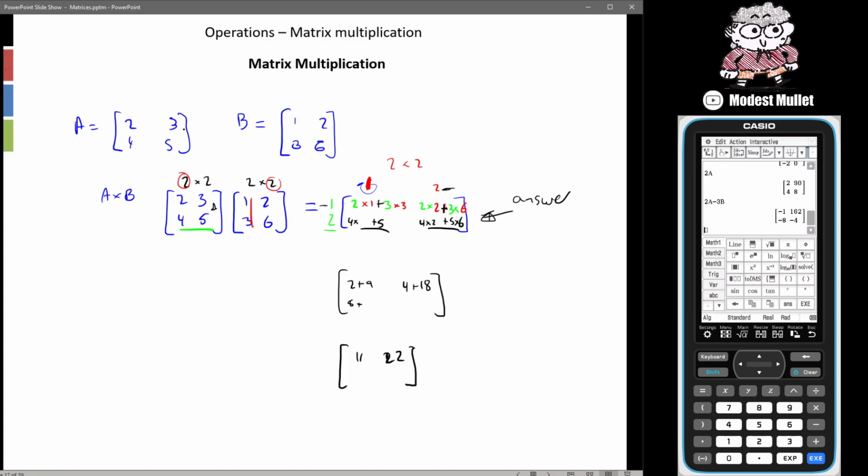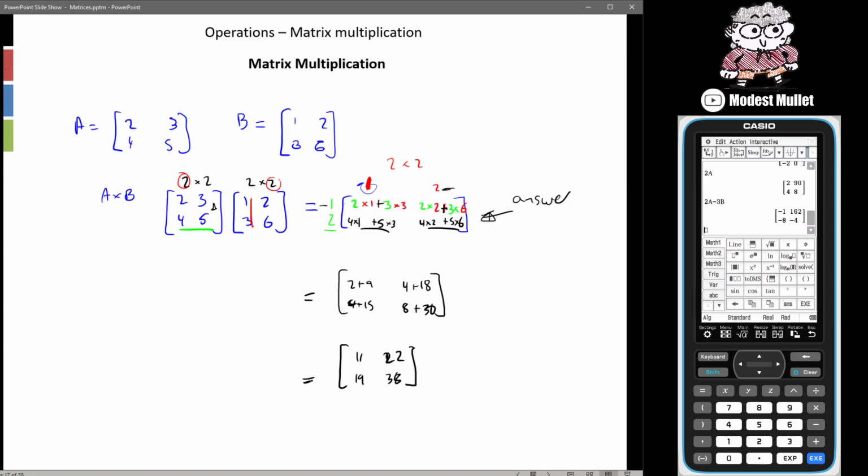That was 4 by 1 it needed to be, because we're taking row 2 by column 1, plus 5 by 3. Much better. So that becomes 4 plus 15, that becomes 19. My apologies there if that really lost you. Now 4 by 2 is 8 plus 30, that gives me 38. And that's our answer.